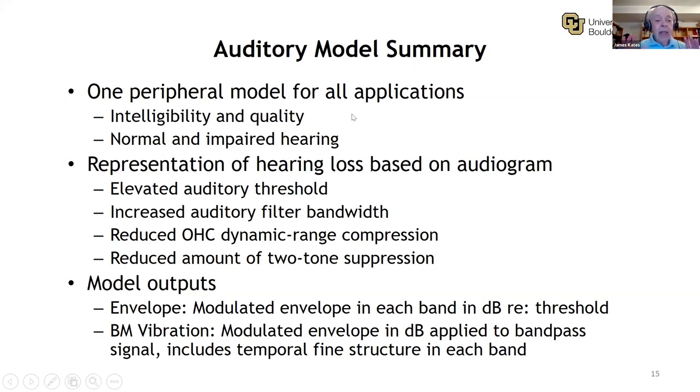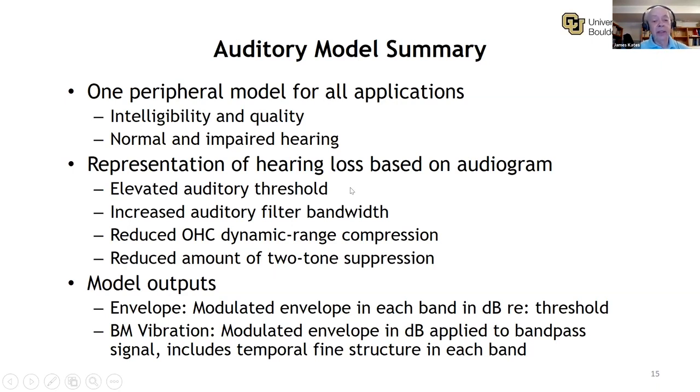In our system, the hearing loss is based on the audiogram. We know there are individual differences in hearing, but the basic model is more of an average across listeners with similar audiograms than it is individual idiosyncrasies in hearing loss and acoustic processing.